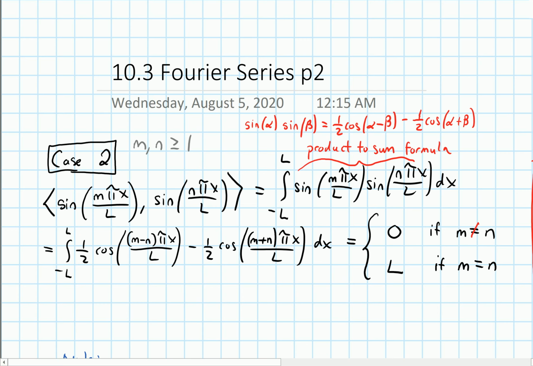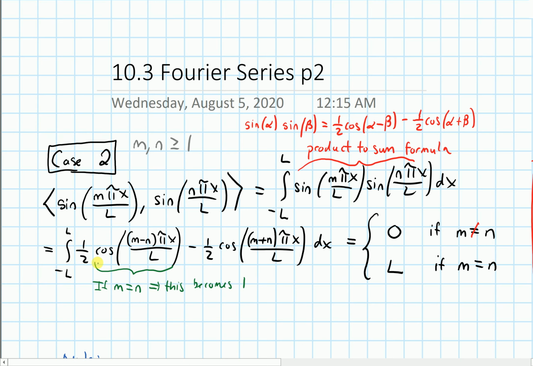If I were to look at this cosine term here, if m equals n, this becomes 1. And that's not counting the 1/2 that's in front of it.